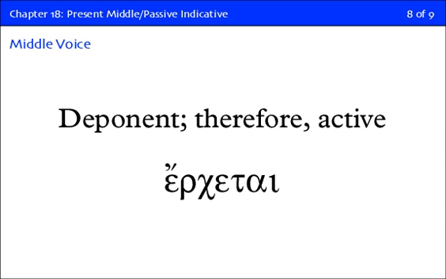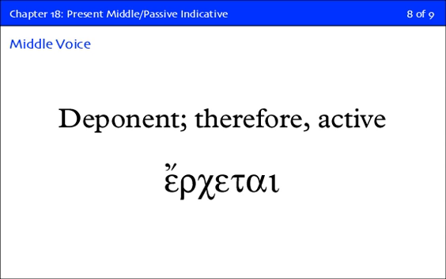In other words, you see erchetai, there's no way for you to know whether that's a middle or a passive. And thirdly, I've kind of controlled what verbs and what sentences you're seeing at this point, and all the middles that you're going to see are in fact middle deponents, and therefore they're all going to be translated as actives.